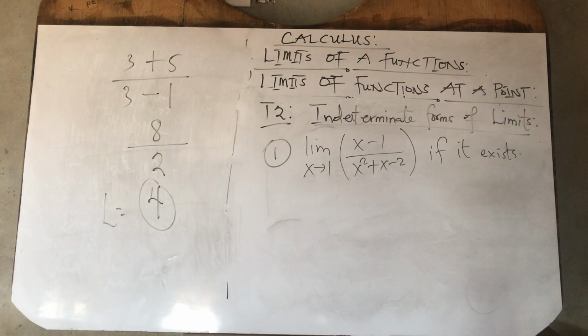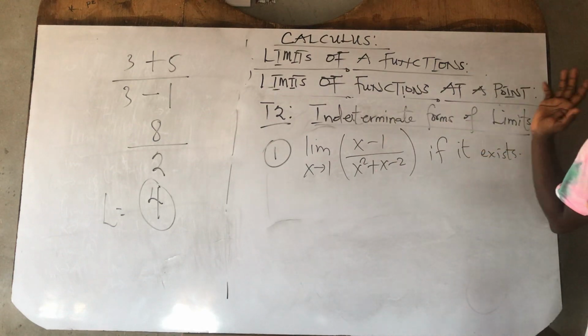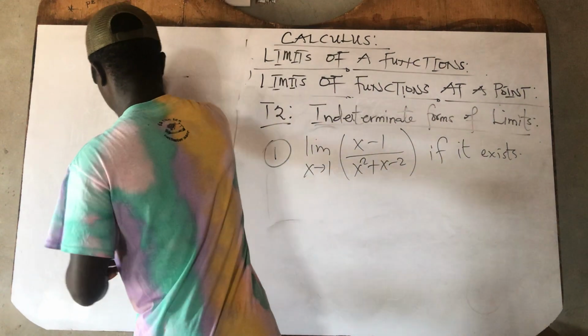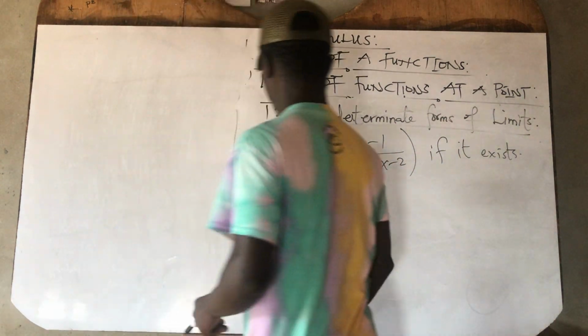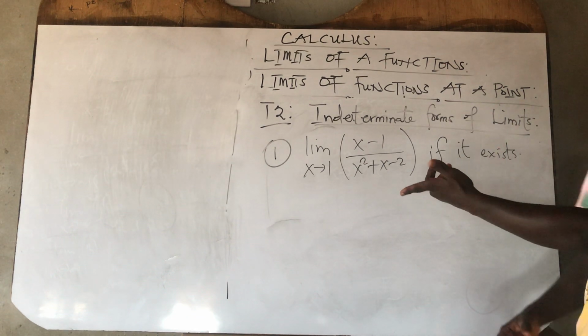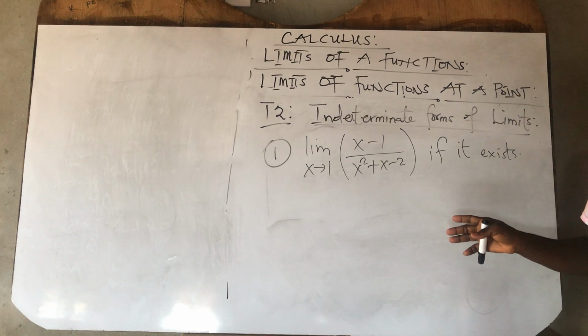So now here, when you plug in 1 inside, when you do direct substitution, this function will not exist. It will be indeterminate. We will not know the limiting value for that, and here we are interested in the limiting value. So when you plug in 1, it won't work like that.